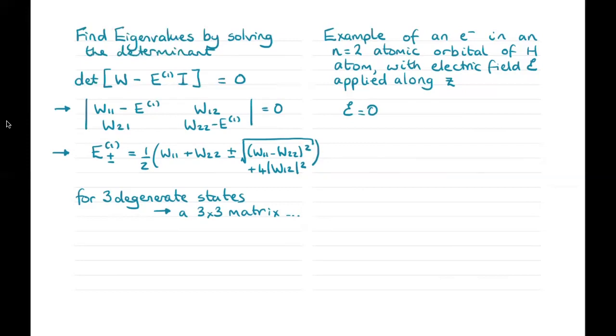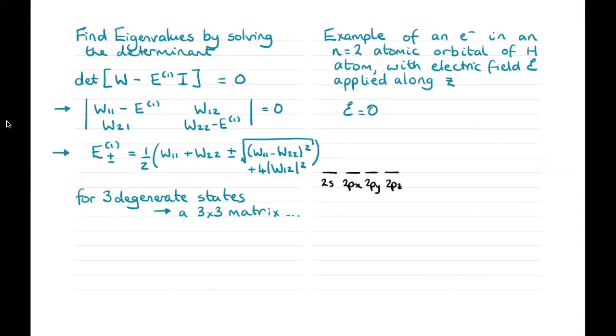They're all degenerate, and there are 4 of them, which are the 2s, the 2px, the 2py, and the 2pz. And when the electric field is equal to 0, it's equal energy for the electron to be in any of those 4 orbitals.